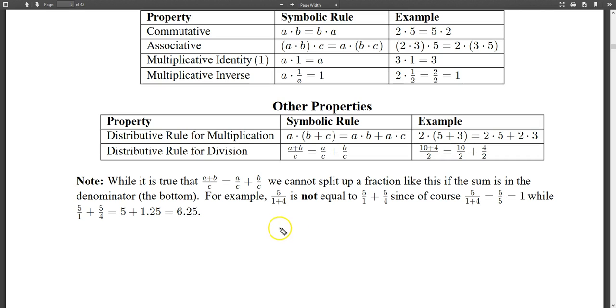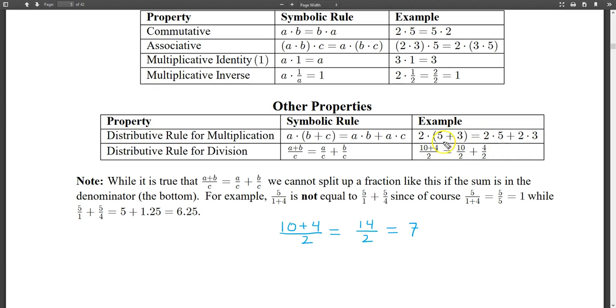Just to verify that, if we look at the left-hand side, (10 + 4) divided by 2, we do what's in the numerator first. The top of the fraction is called your numerator. The bottom is called your denominator. So we add 10 and 4 first, and we divide by 2, and of course we get 7.